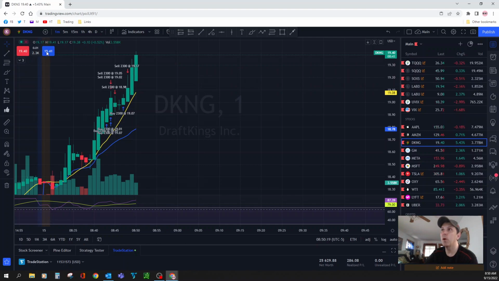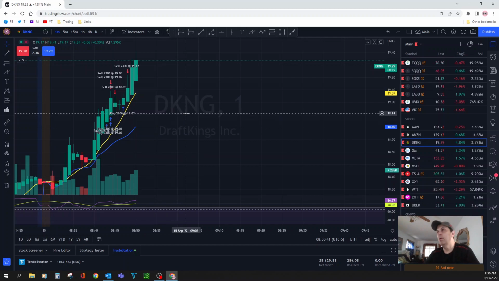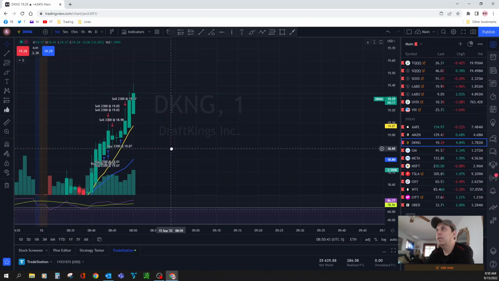This one I have full margin on, so 2,300 shares times $20.60, almost $70,000 there. That's why the profit was so quick. 1% of $70,000 is $700, so it doesn't take much. That's really a big move, man.